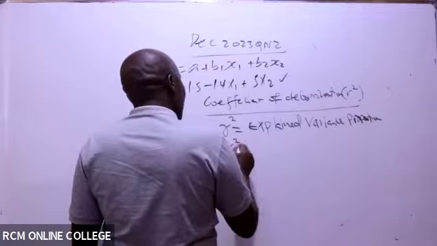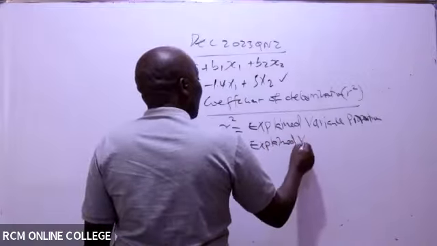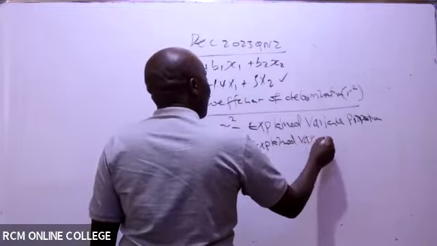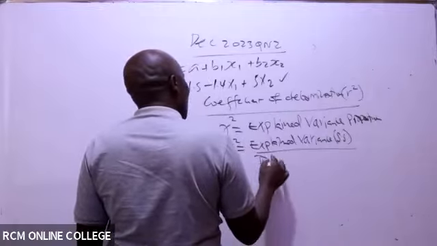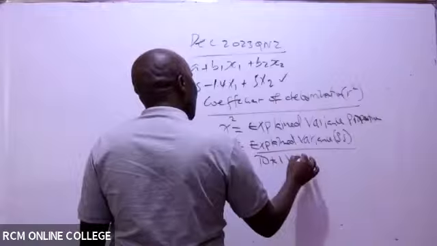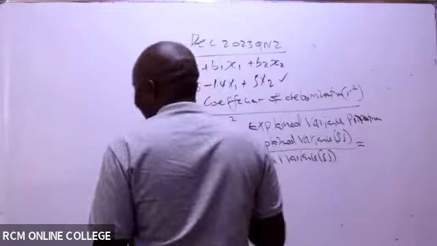How do we get this? It is the explained variance in terms of sum of squares all over the total variance in terms of sum of squares, like that.